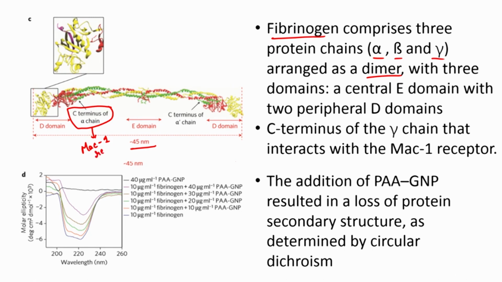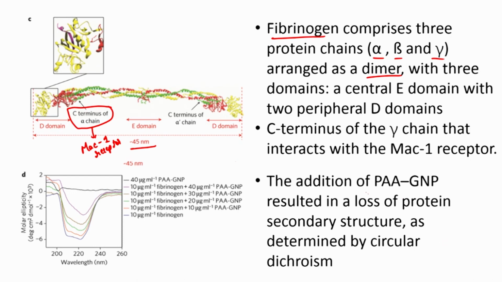So, MAC1 receptor can bind to this site, although the site is not typically exposed. The MAC1 does not bind to fibrinogen by itself unless the fibrinogen structure is somewhat damaged or denatured, so that this MAC1 site is exposed.